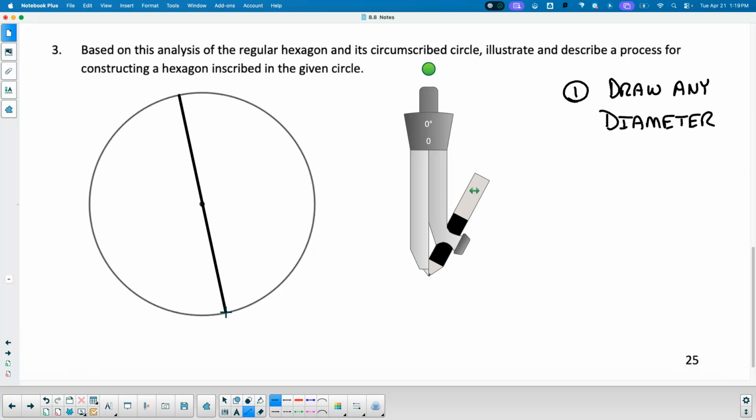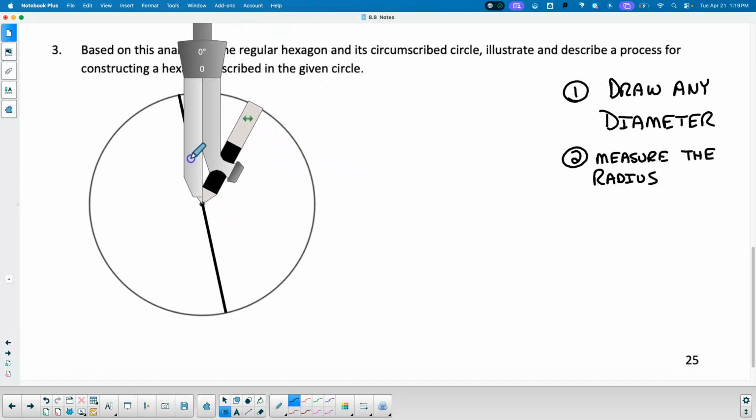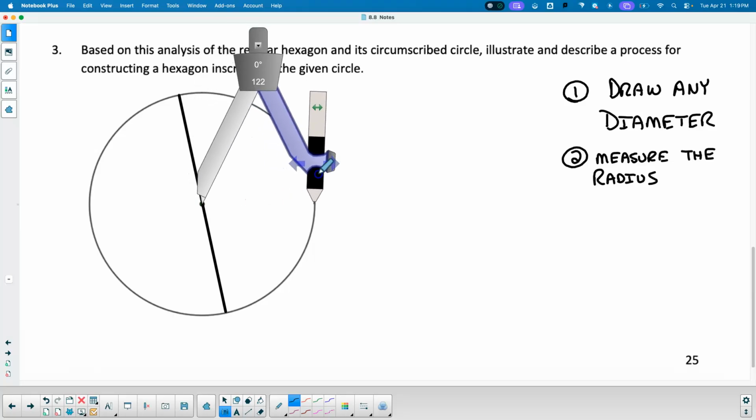Then, with your compass, you're going to measure the radius. So, pointy end on the center, expand your compass out until you hit the edge.